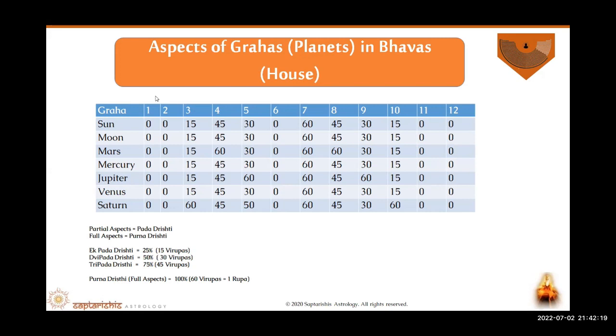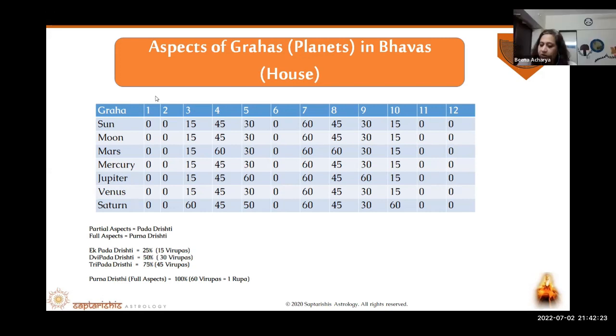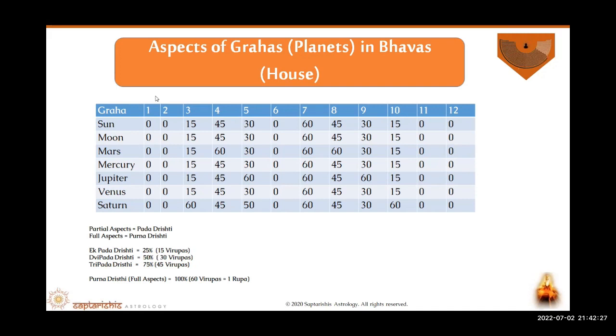This is what this sutra is giving you. Many times when you read the classical books, you will not understand the logic of why a particular result is given in a house. We know only one aspect for the sun, but the third house from the sun is also getting some influence of the sun. You will see these kinds of sutras, and if you know this concept, you will understand.